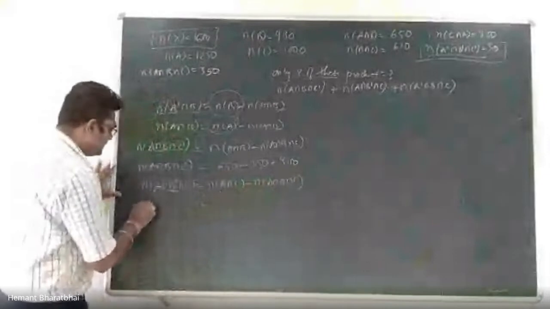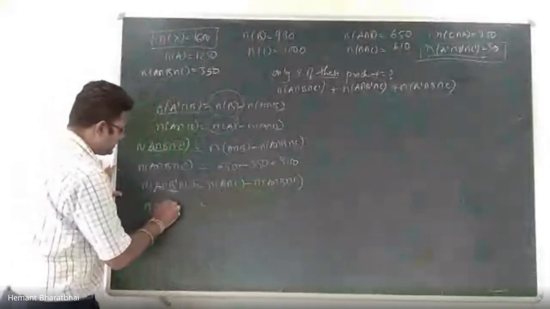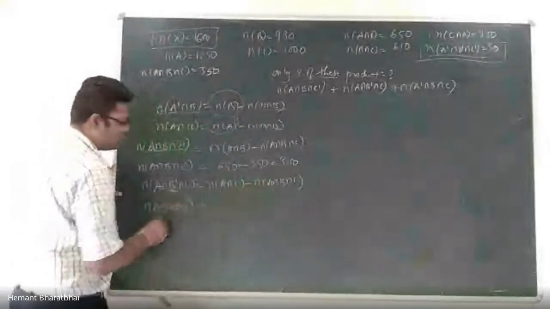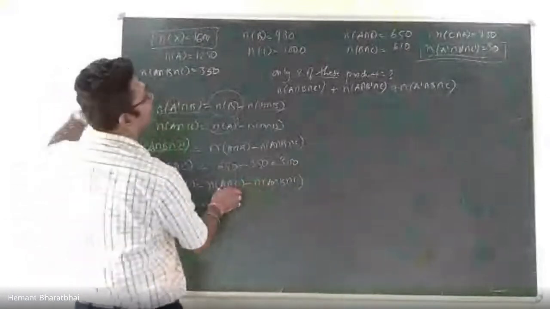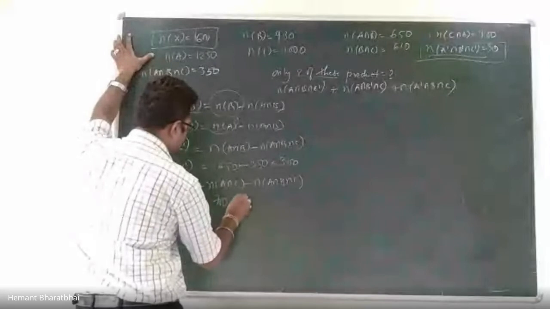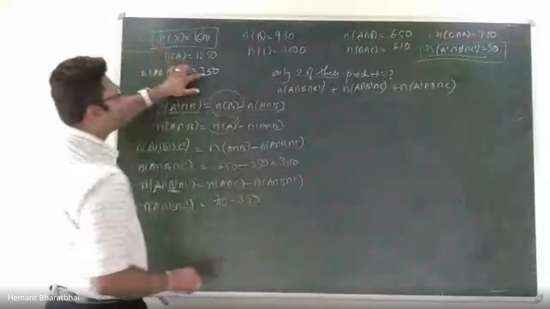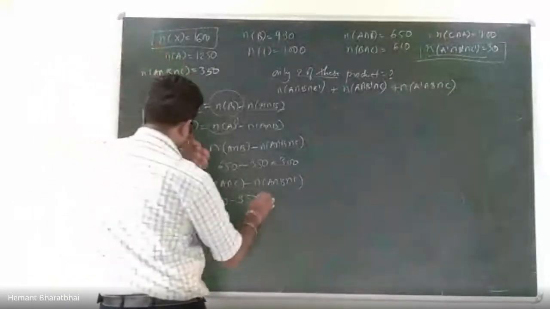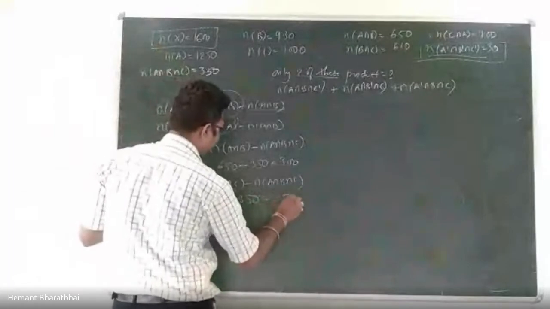Therefore, I get the number of elements in A intersection B complement intersection C is equal to the number of elements in A intersection C, which is 700, minus this, which we have got as 350. This will be 350.